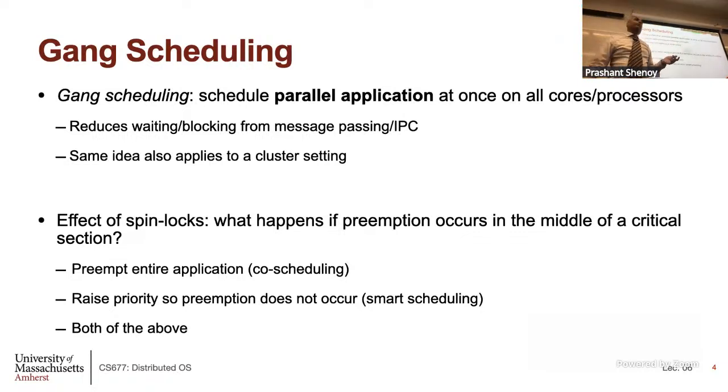In this case, if any messages are sent to threads that are blocked, that will still cause performance issues. So there are both flavors of gang schedulers out there, but just keep in mind this one example of multiprocessor scheduling, where you are taking advantage of multiple cores and trying to schedule different components of an application, which could be threads or processes, in a coordinated fashion, all n at once onto n cores.